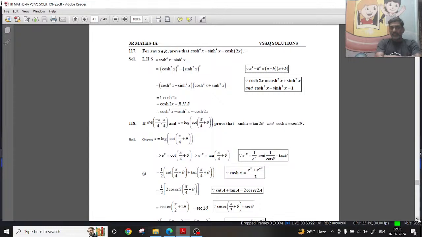Clear? Next, 118, theta belongs to minus pi by 4 to pi by 4, and x is given here. What is x? Log of cot of pi by 4 plus theta. Then prove that sin hx is equals to tan 2 theta and cos hx is equals to secant 2 theta.